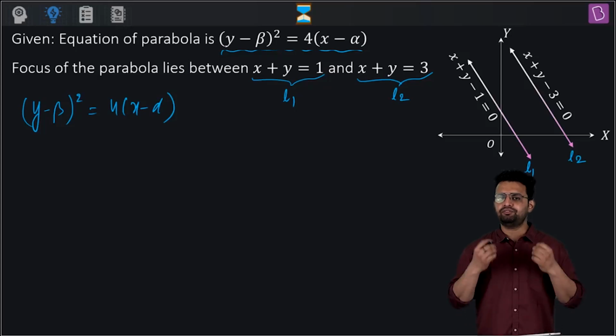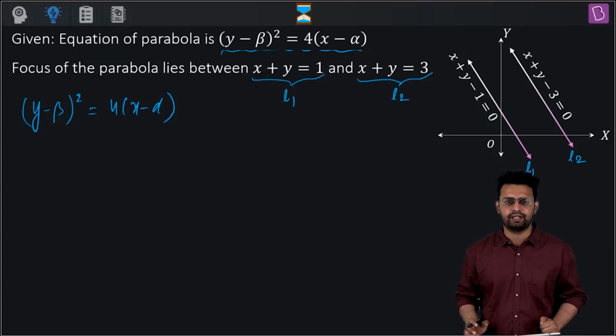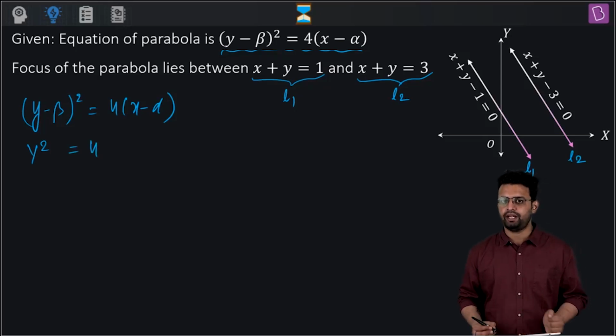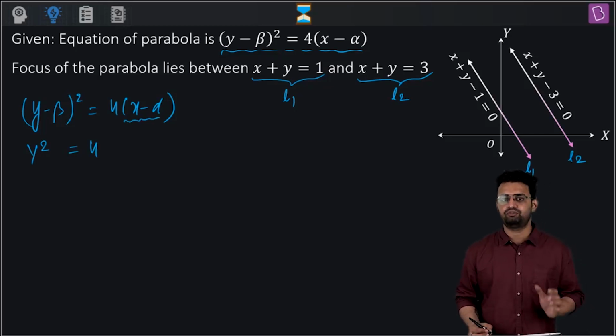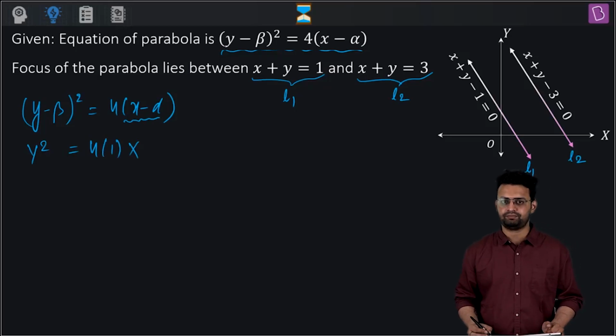Say for some time the origin has been shifted to some new coordinates, and with respect to that new origin I am assuming the equation of the parabola as Y square is equal to 4 into a into X. I am assuming a as 1 because here, 4 times (x minus alpha) can be written as 4 into 1 into capital X, right?